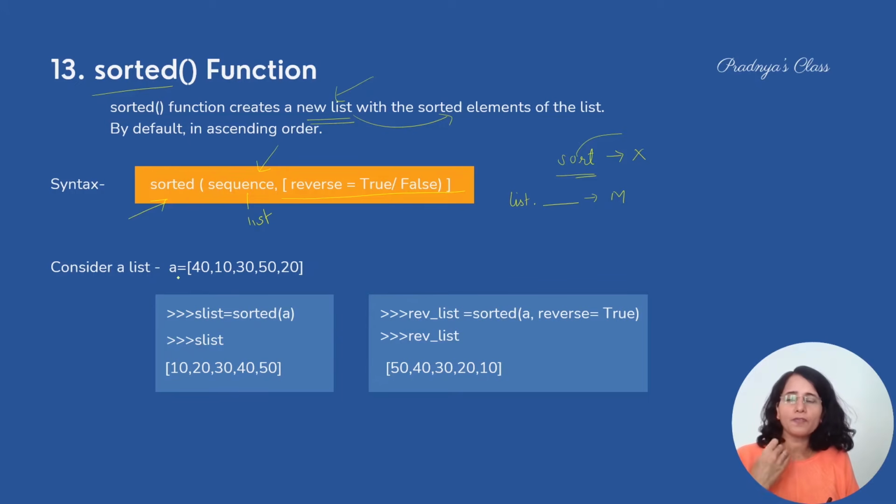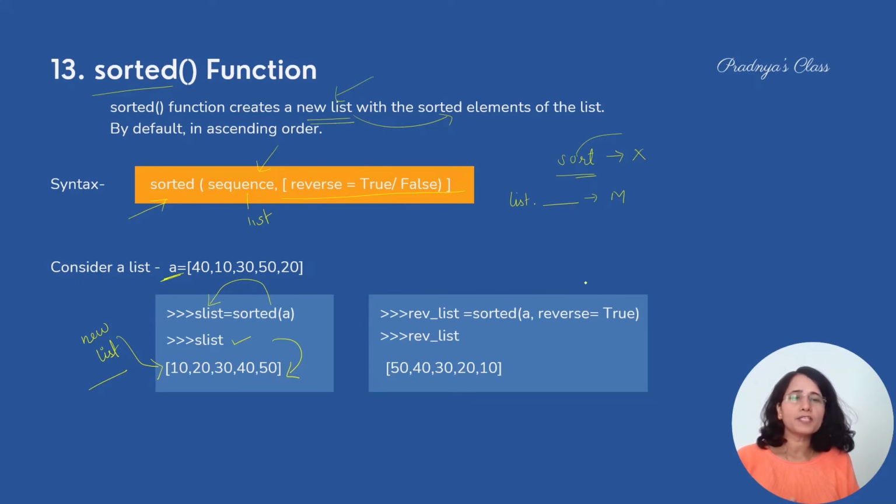Consider a list named A with some integer values. We are applying the sorted function on the list A and assigning that value to a new variable. When I printed that new variable, you can see here we got the new list. So in case of the sorted function, a new list will get created which will be sorted.